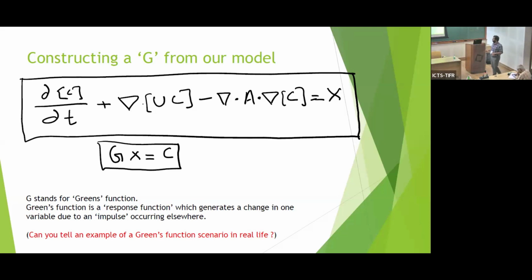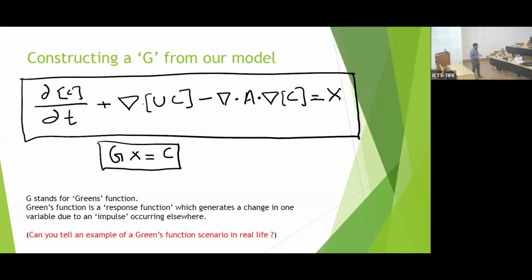So G actually gives a response which generates change in one variable due to an impulse occurring elsewhere. Can you tell an example of Green's function in a real-life scenario? Keep in mind, the C things are some concentration in the atmosphere. One example is fire. Forest fire occurs, right?